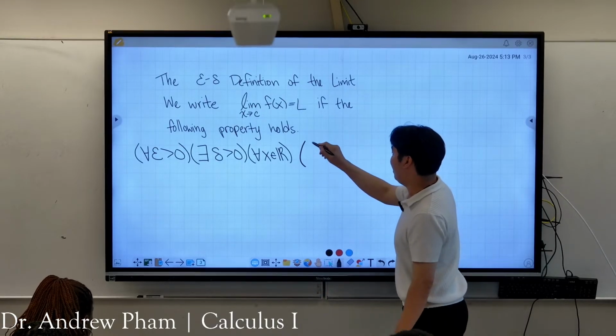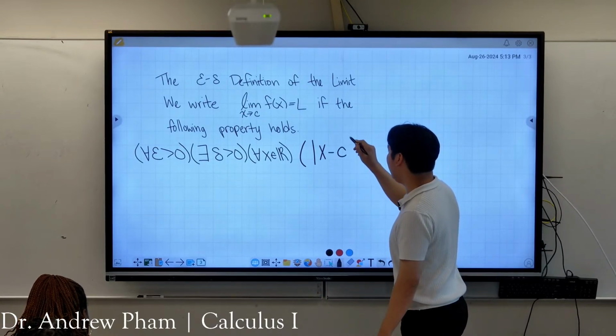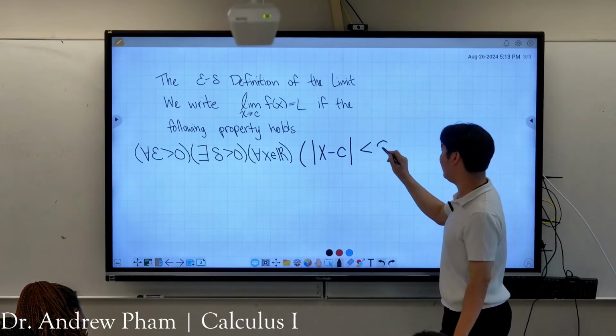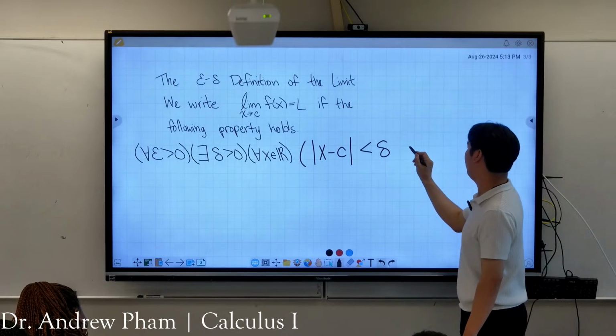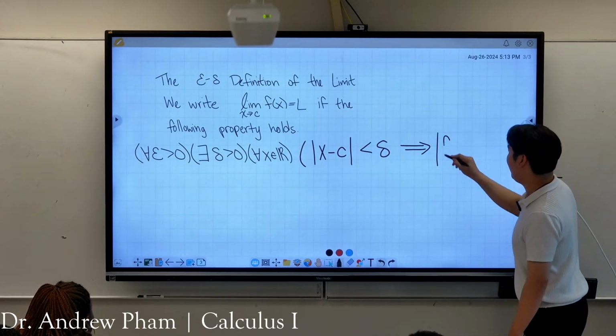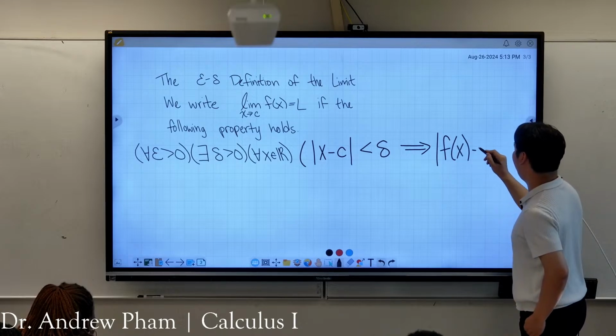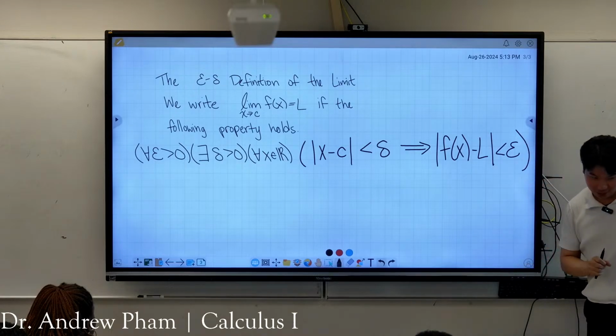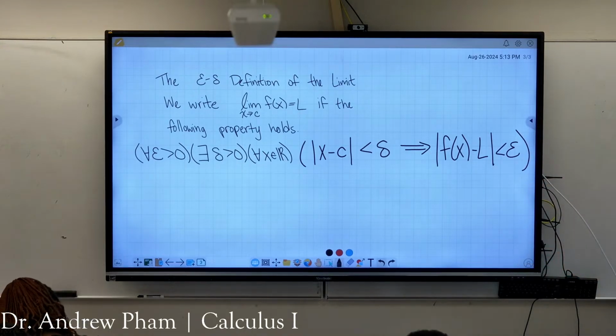So we can say that when the absolute value of x minus c is smaller than delta, then the absolute value of f of x minus L is less than epsilon. So let's interpret this. I'm going to give you all a moment to write this, panic a little bit, and then take it in.